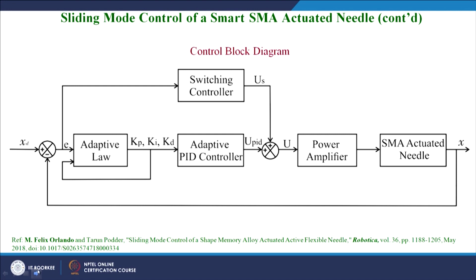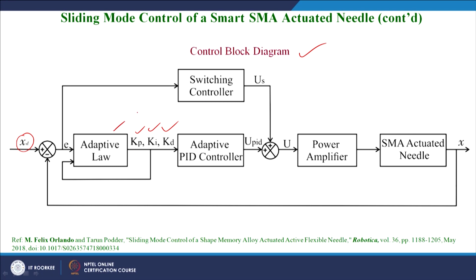Now, coming to the sliding mode control strategy of this smart needle. The block diagram is shown here, where XD is the desired position for the needle or the desired trajectory, and the first block is the adaptive law to update the Kp, Ki and Kd, getting tuned through the adaptive law.